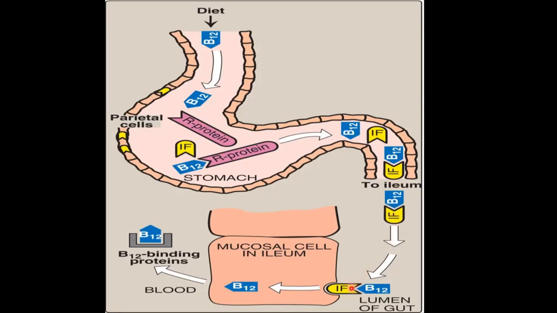Then in the terminal ileum, we have receptors for the intrinsic factor and B12 complex. Once the intrinsic factor B12 complex binds to the receptors, it will initiate receptor-mediated endocytosis. It is taken up by the mucosal cells. Then it is released into the general circulation, where it will be bound to transcobalamin. Okay.